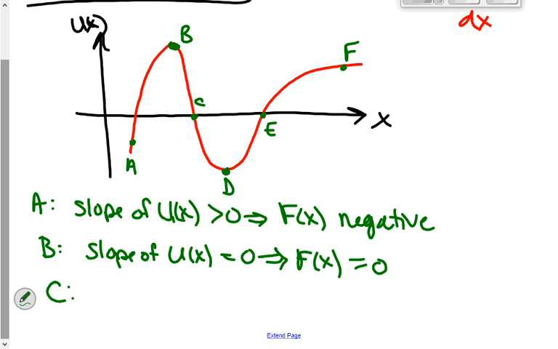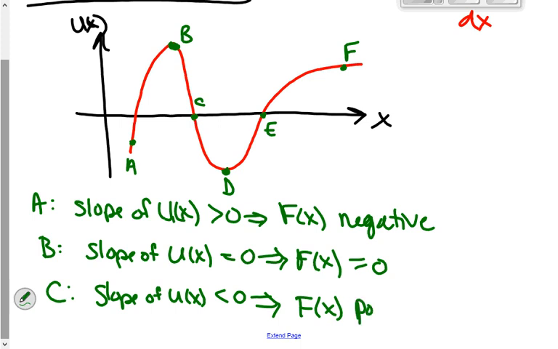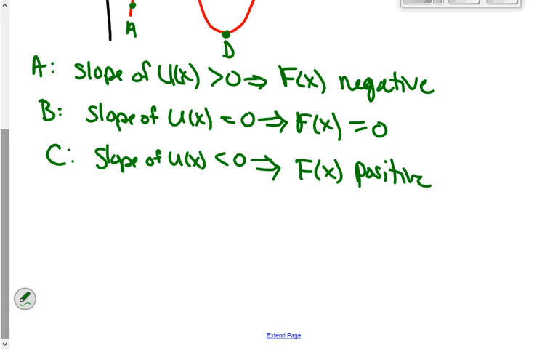How about point C? What about the slope? Okay, so the slope is less than 0. Well, the slope is negative, so what's that going to tell us about the force, Priya? The force is going to be positive. Okay, because remember that the force is the negative of the derivative or the slope of the potential energy.